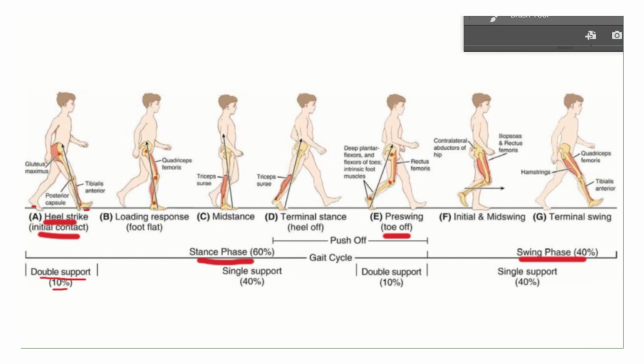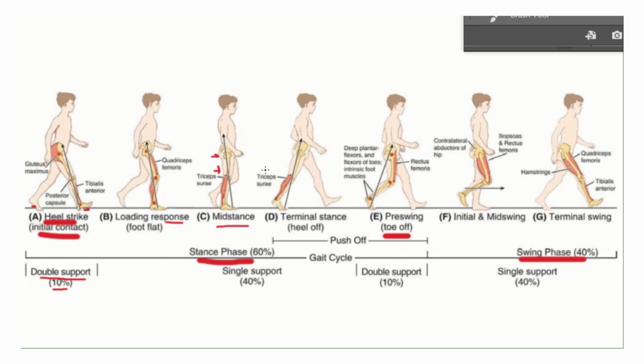Okay, so the next phase after loading response is mid stance. As you can see here, in the mid stance, all the weight is being distributed over the foot, and the hip and the knee joints are fully extended.